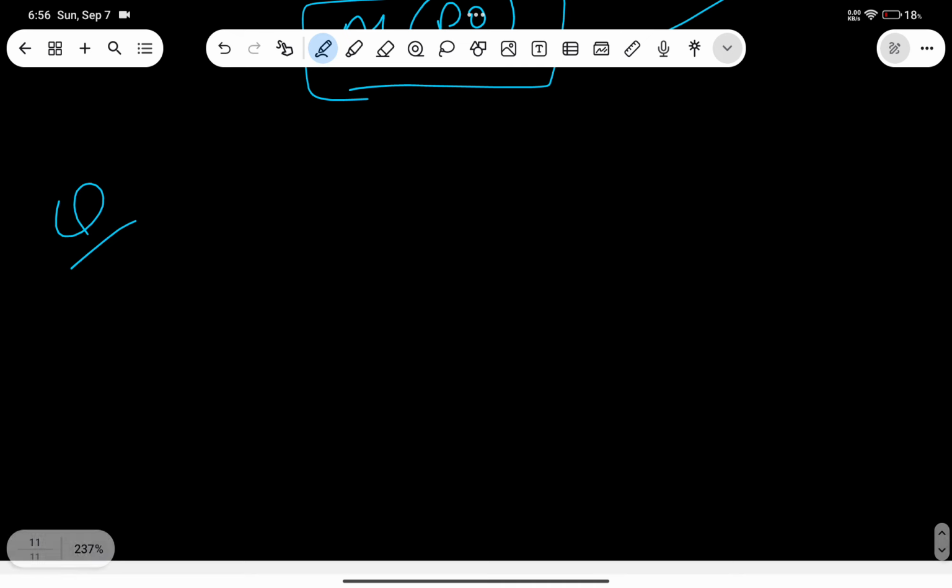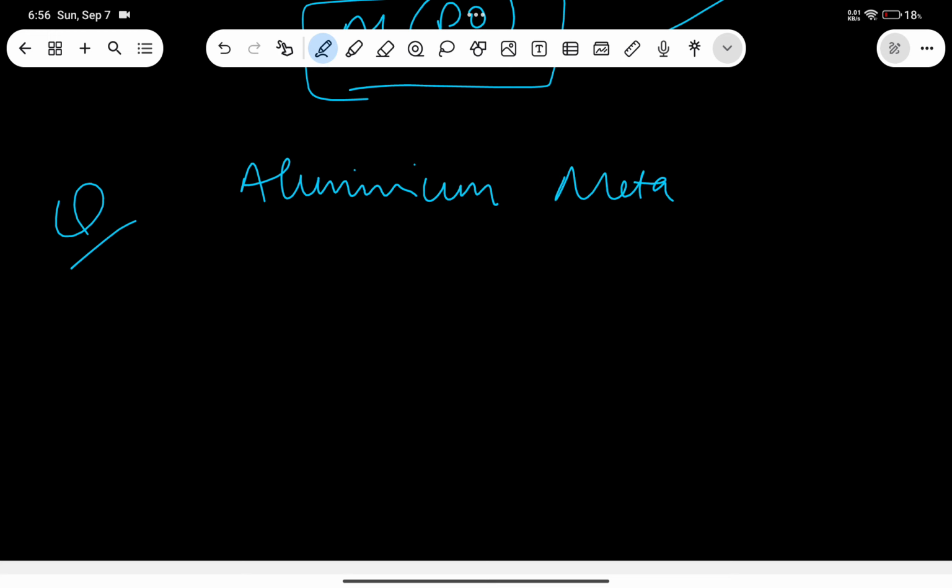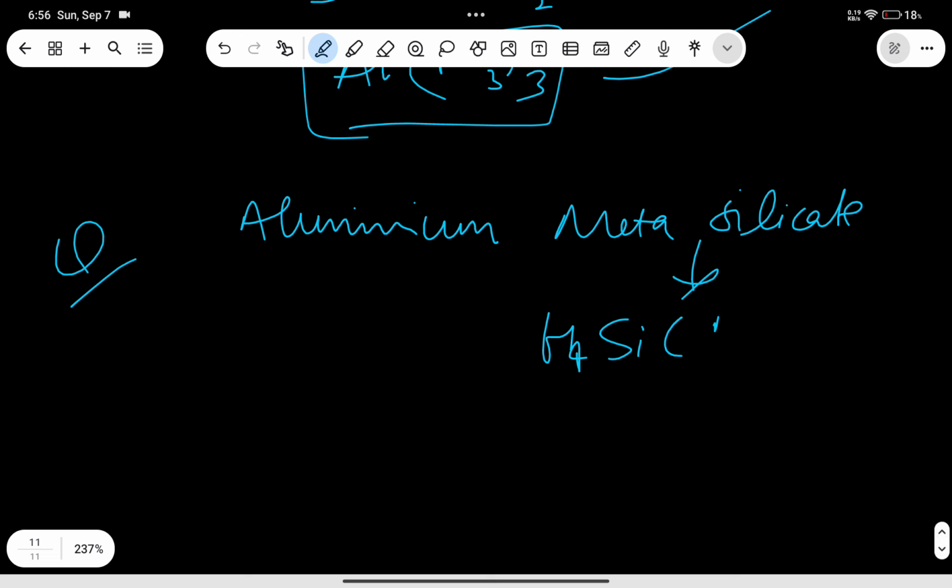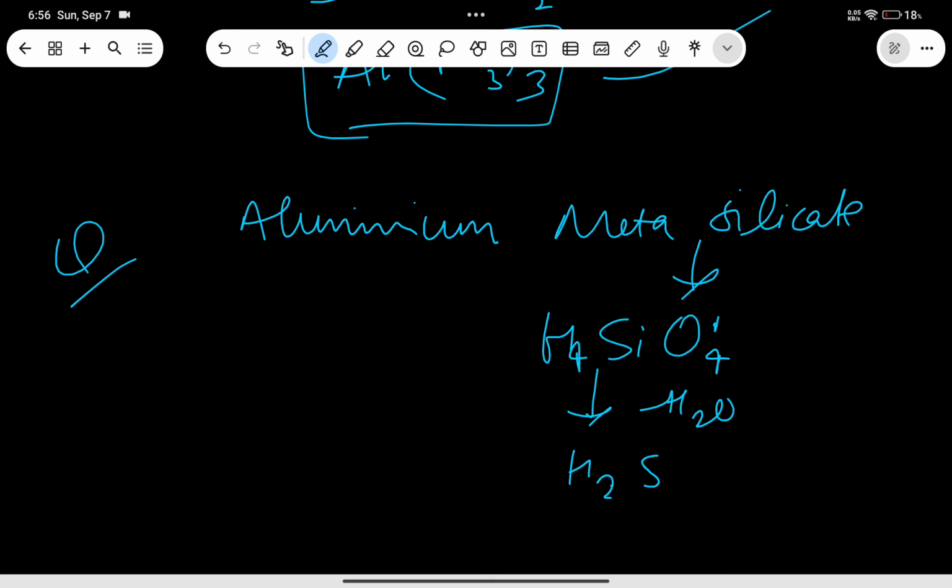Right, one more. The next question is aluminium metasilicate. Metasilicate means silicic acid, H4SiO4, and removing water from it, you get H2SiO3, and it will be SiO3 2 minus.